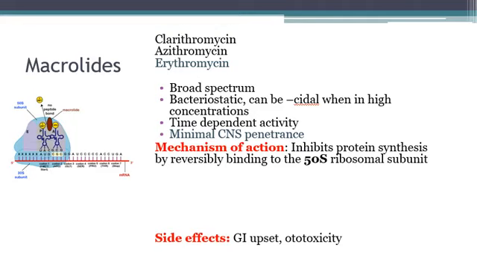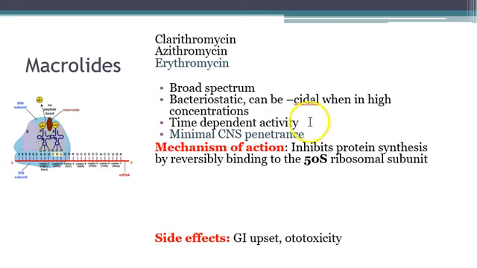So let's talk about macrolides. Macrolides are a subcomponent of protein synthesis inhibitors. The prototype here is erythromycin, but azithromycin and clarithromycin are also macrolides. These tend to be broad spectrum and bacteriostatic. However, when the concentration is increased, these drugs can become bactericidal.